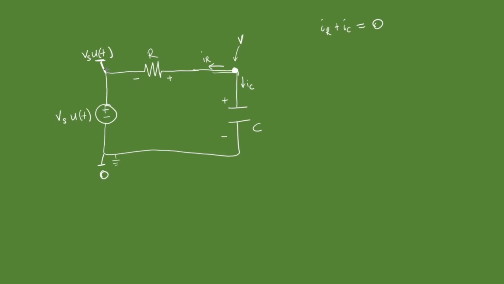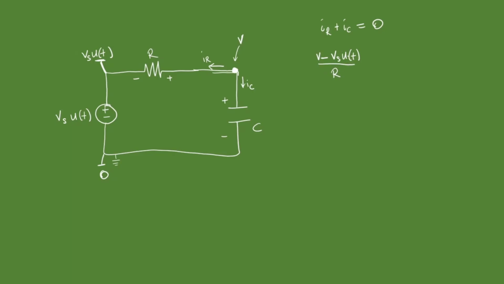To find the current through the resistor, we take the voltage at one end, then subtract the voltage at the other end. So that's going to be V minus Vs U of t, all over R.